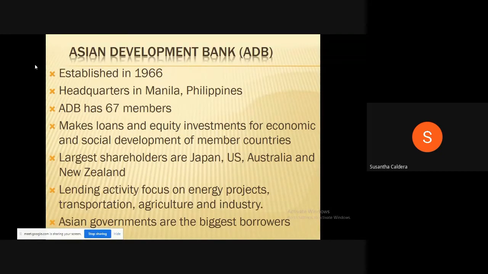The largest shareholders are Japan, the US, Australia, and New Zealand. Lending activity focuses on energy projects, transportation, agriculture, and industry.